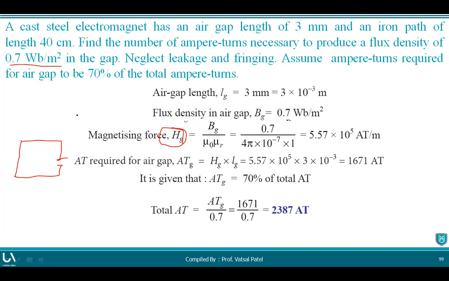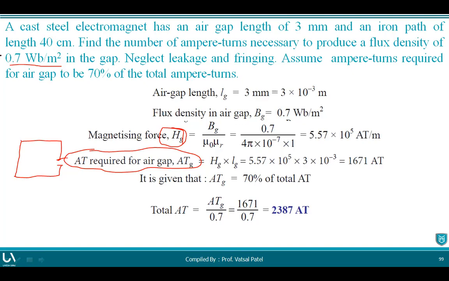Now we need to identify the ampere turn required for the air gap. Atg is equal to the magnetizing force Hg multiplied by the length of the air gap, which is also provided to you. So Atg is equal to Hg multiplied by Lg.